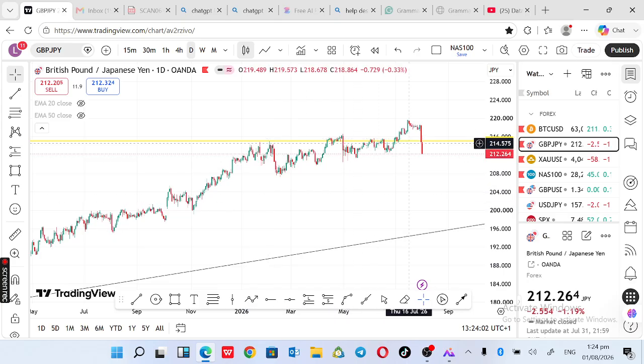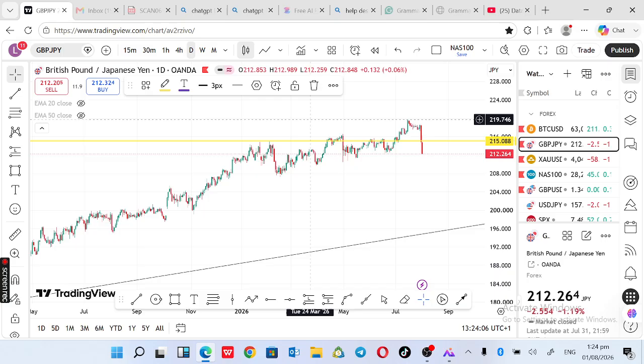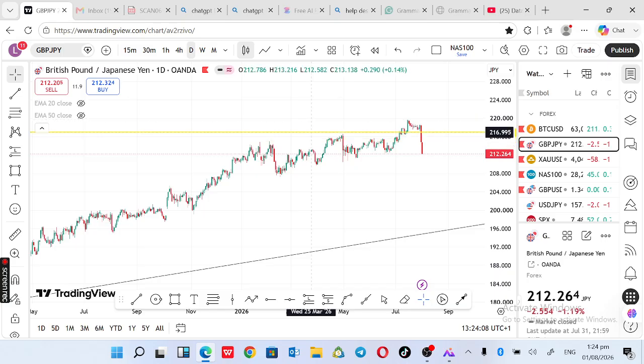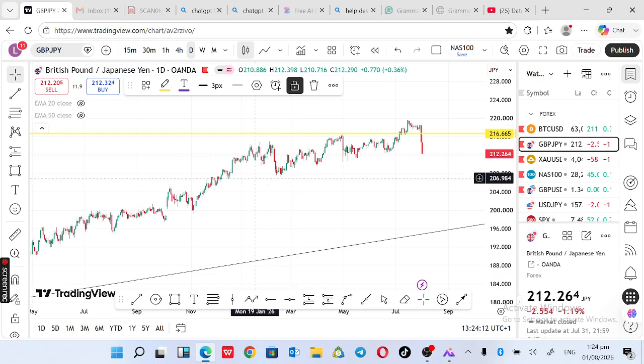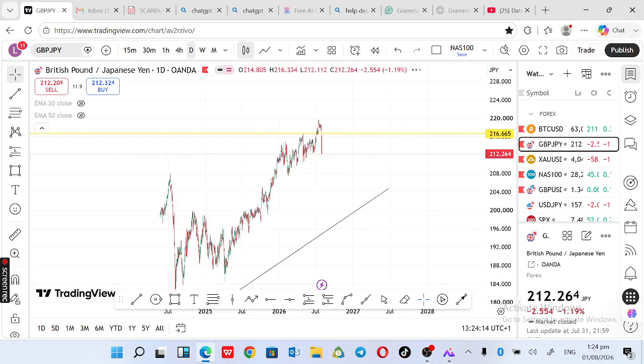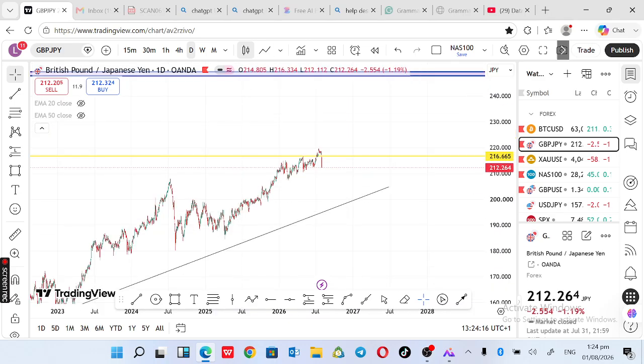So we adjust this again. Now we have a very strong retracement. So what do we now need to do? We're going to go to our indicators and bring in our indicators.